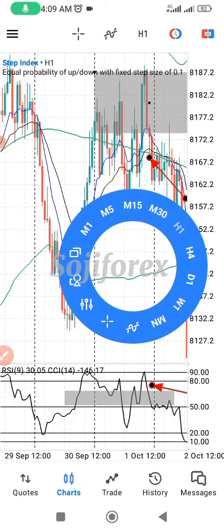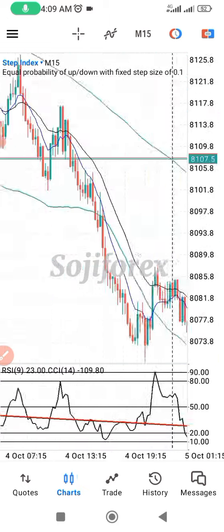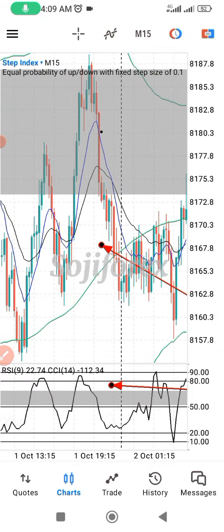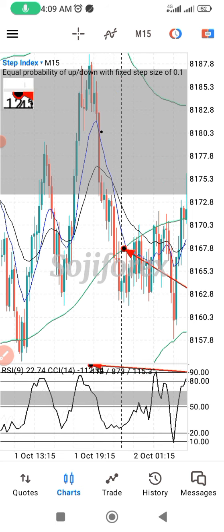So let's move to 15 minutes and find out where the price is. Beautiful. Here is our 15 minutes. Look at price up there, and then look at our indicator window.